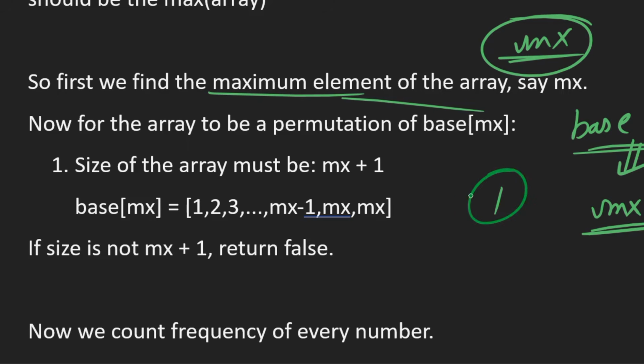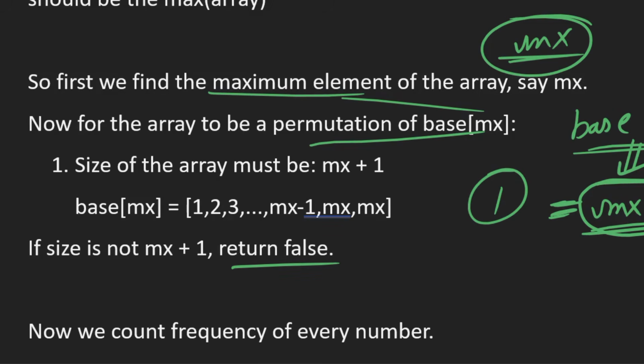So the first condition that we check is whether the size of the array is equal to the size of base of mx, that is mx plus 1, or not. If the size is not equal to mx plus 1, then our array cannot be a permutation of base of mx. So we return false, right?